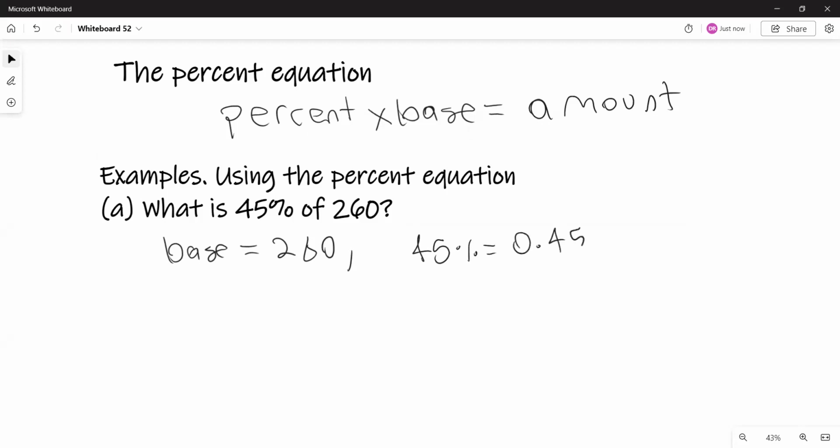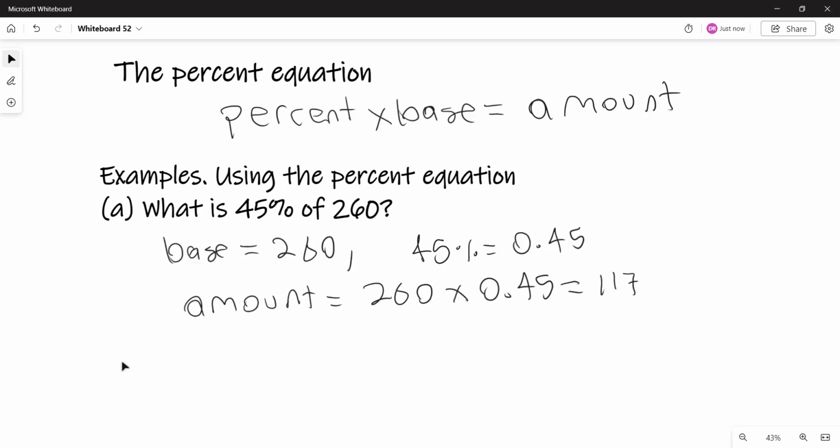Every time we do the arithmetic, we need to convert the percent to decimal. And we're going to find the amount. The amount is 260 times 0.45. So that is 117.